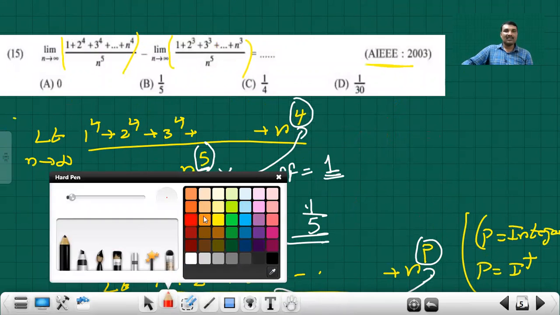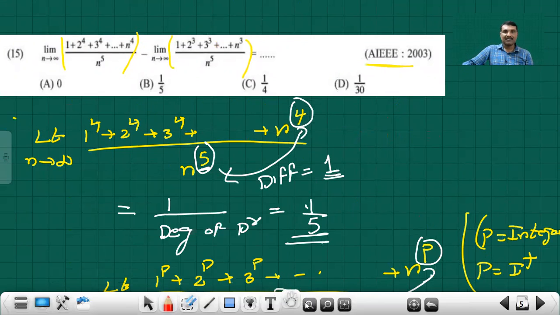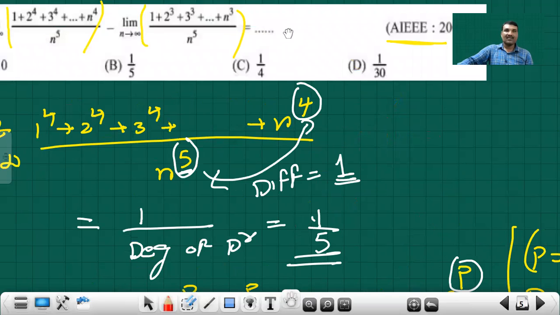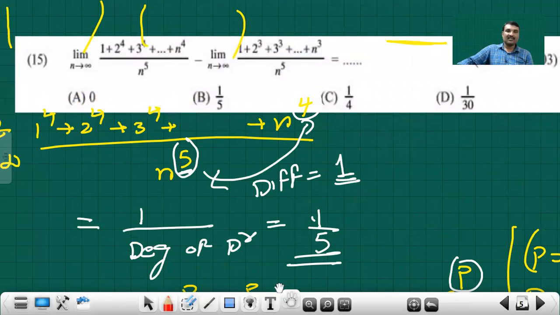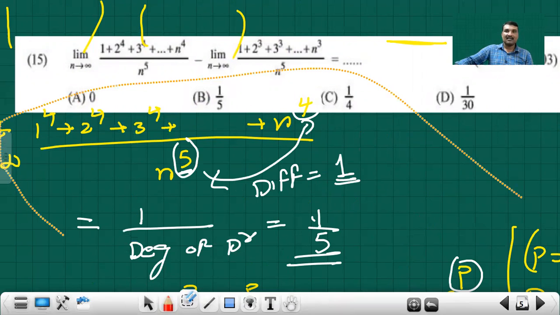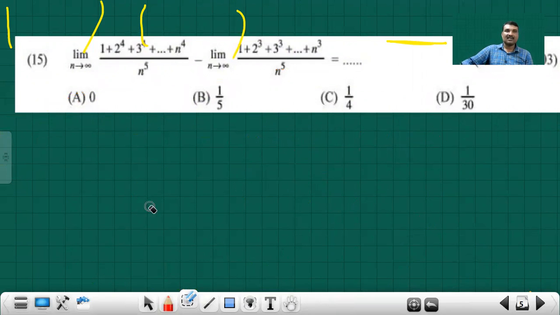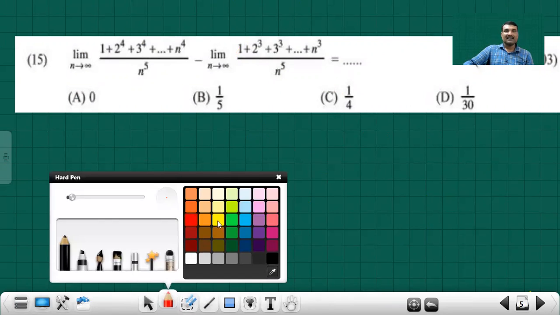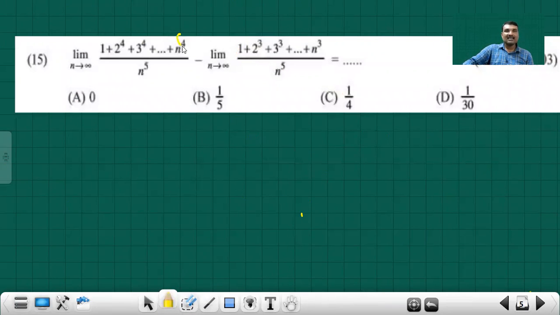Now look at the degree. I will erase this. Here the degree is 4 and 5.